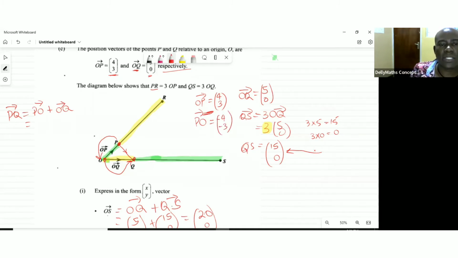So we're looking at (-4, -3) plus OQ, which is (5, 0).